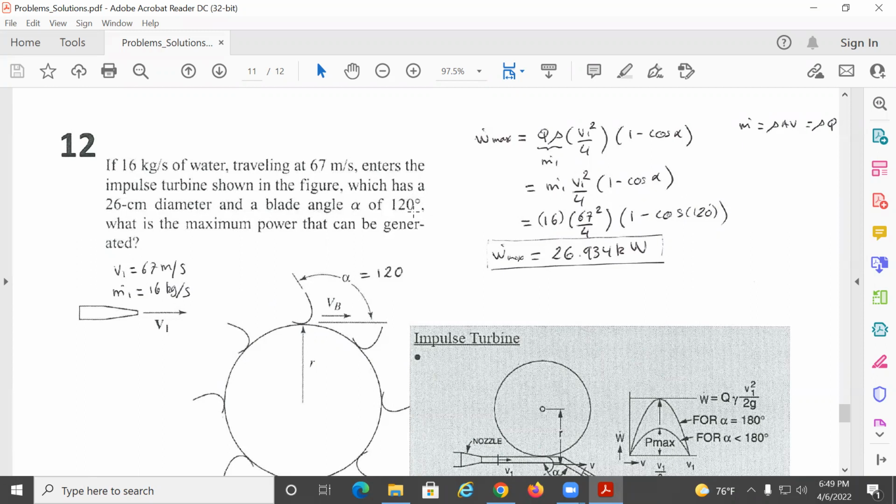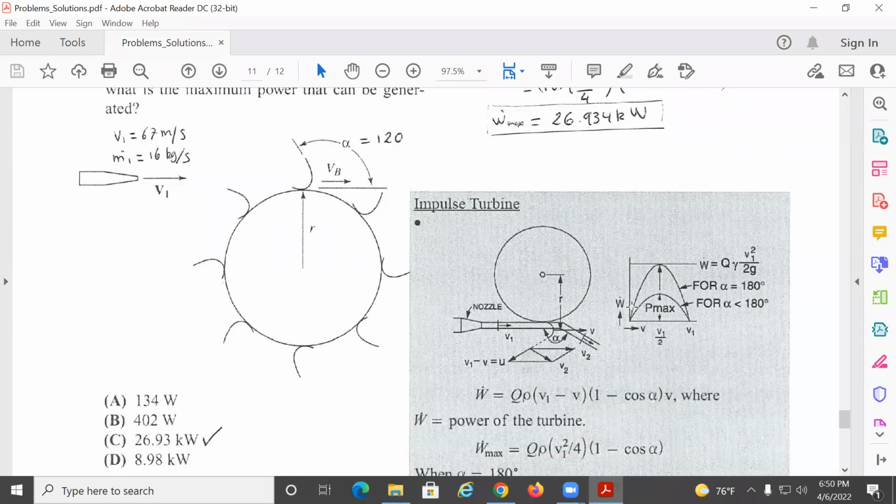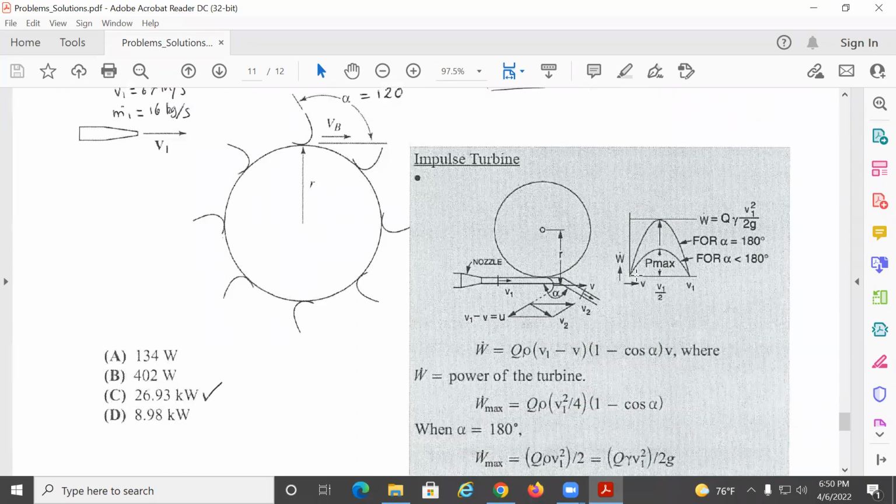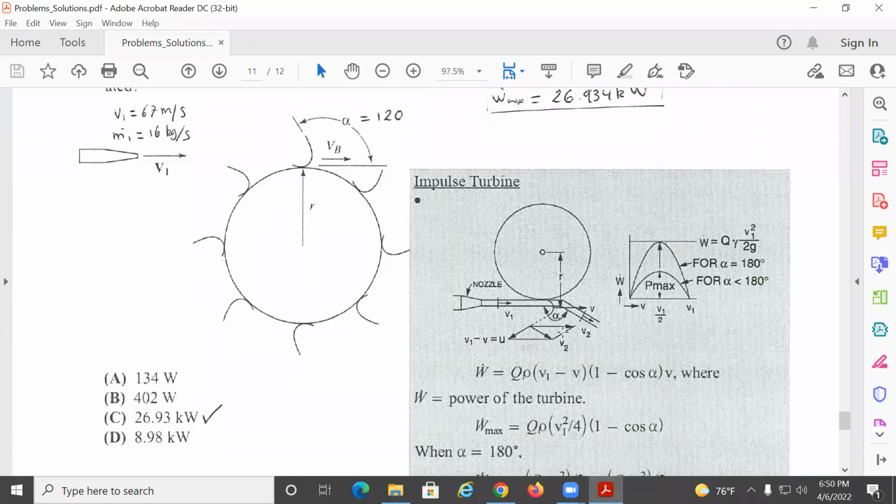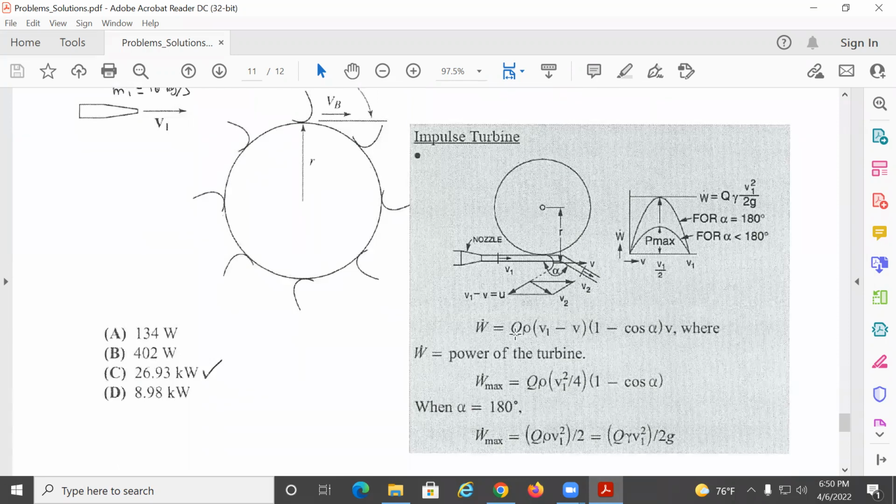So this problem, if you do it in detail, the derivation is pretty long to find out, but I think they give you the equation here. Basically they give you the equation that the power is the volumetric flow rate times the density.